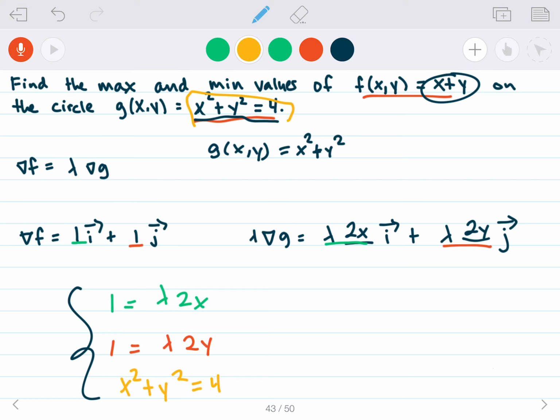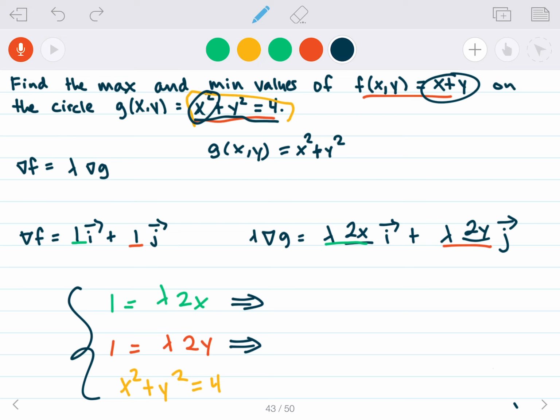Okay. All right, so here, what I can do is isolate lambda by dividing both sides by 2x and 2y. And the idea here is that we can't have x equals 0 and y equals 0, right?